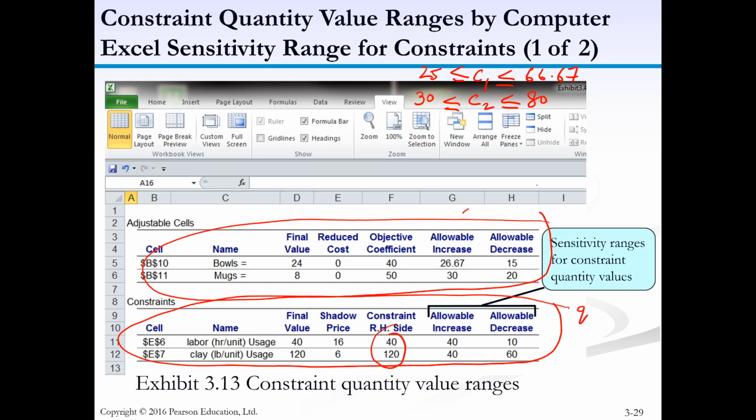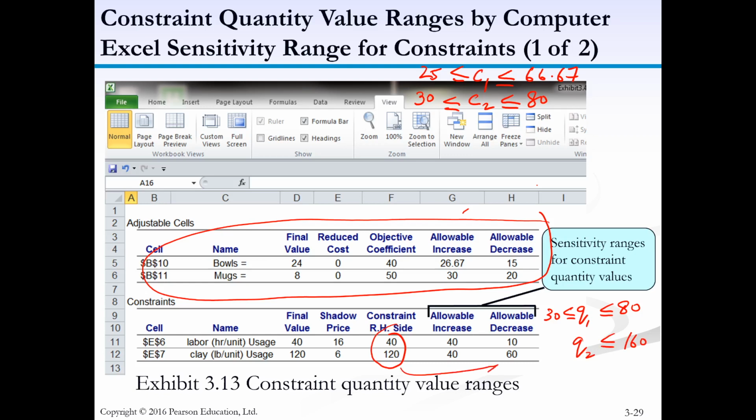So for Q1 it is 80 on the upper side, and on the lower side 40 minus 10 is 30. And for Q2, 120 plus 40 is 160, and 120 minus 60 is 60. So this is the range over which we can change.